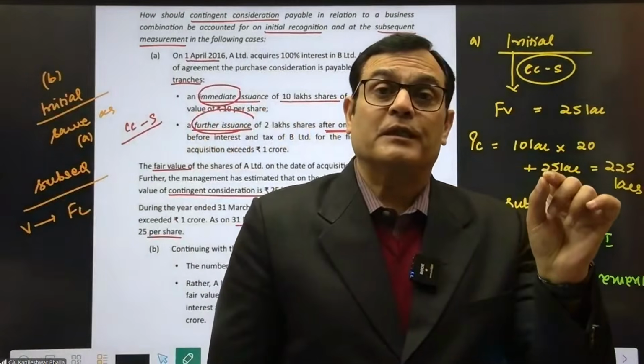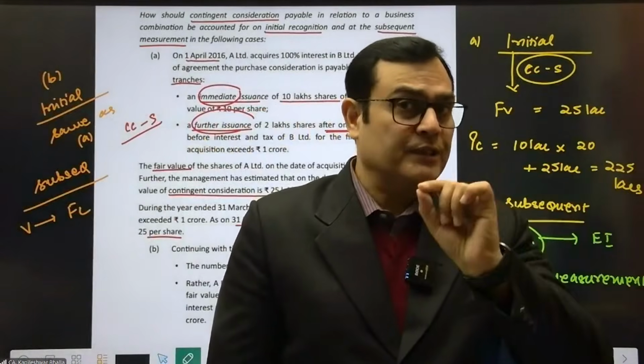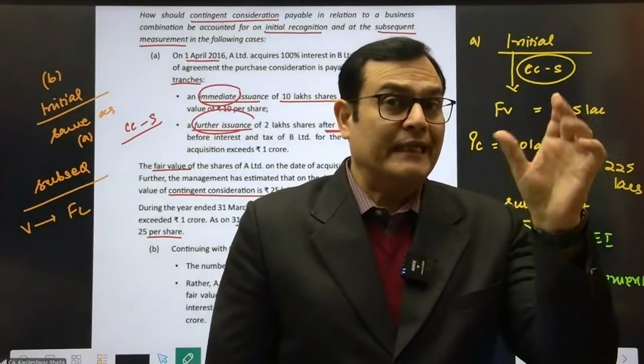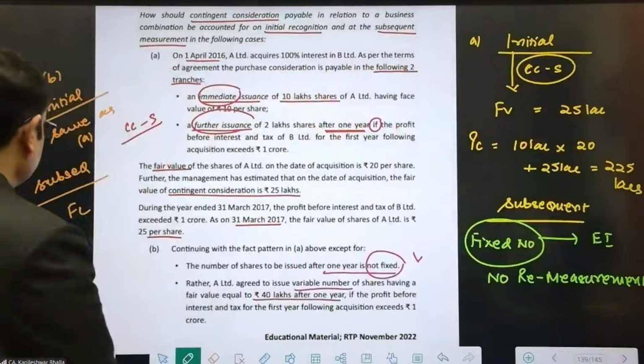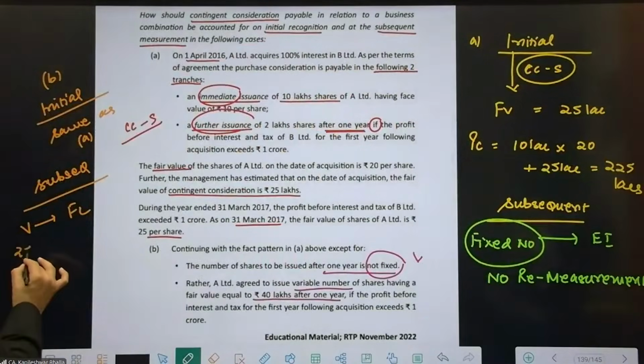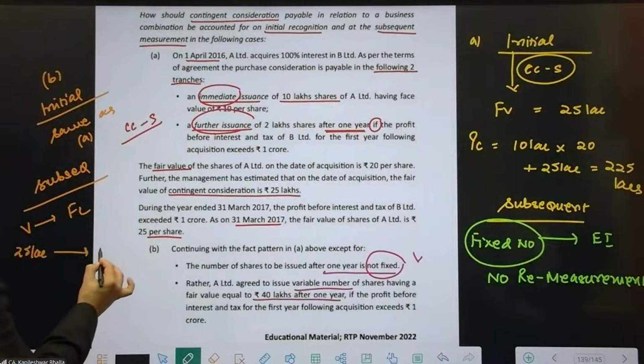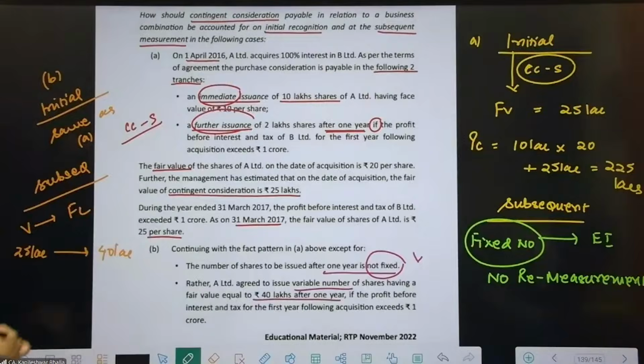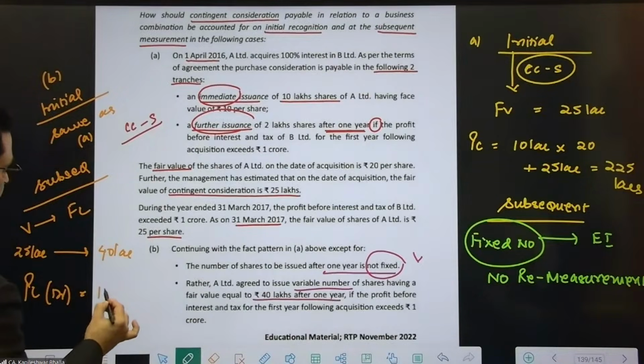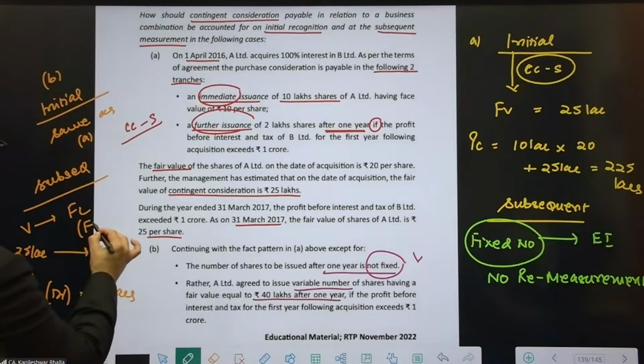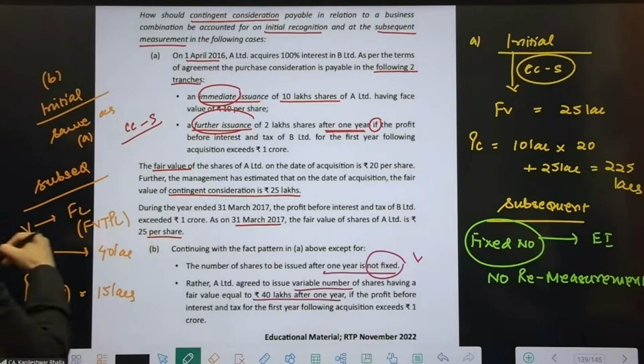Is this financial liability at FVTPL? Yes. The fair value of this liability at the end of the year is 40 lakh. So can I say from 25 lakhs, the fair value increases to 40 lakhs. So can I say this will be debited in the profit and loss? This is a loss of 15 lakhs. And that 15 lakhs will be taken in the P&L because we will capture this liability at FVTPL.